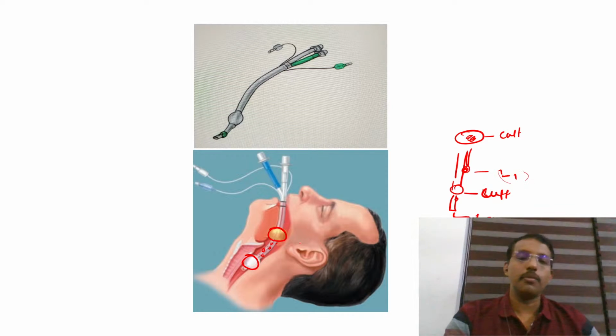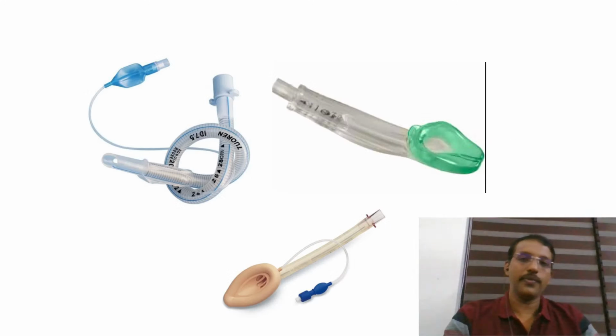But here you have multiple openings. You can see it has gone into the esophagus. This is the trachea, this is the esophagus. Something which has gone into the esophagus and you can use to ventilate is called combi tube. That means it is capable of ventilating even if you put it into the esophagus. That is how you can remember.